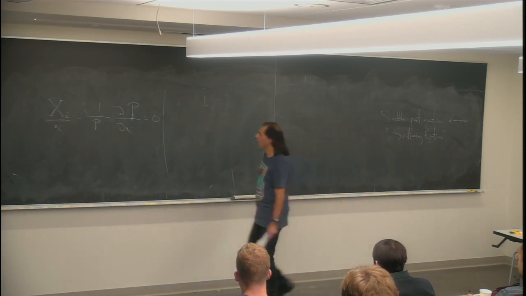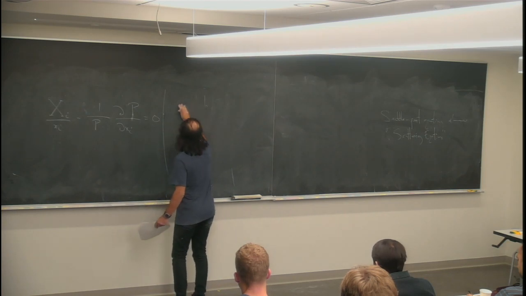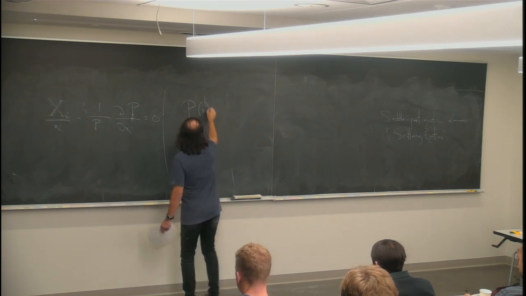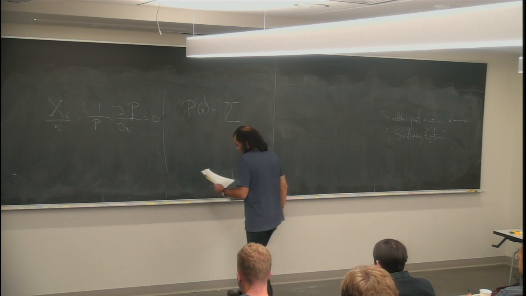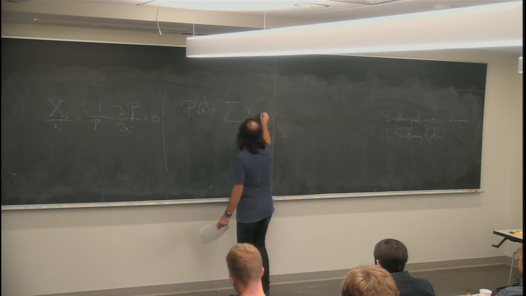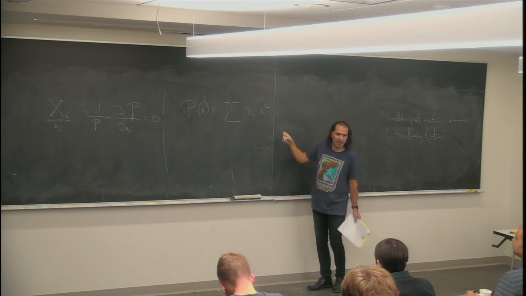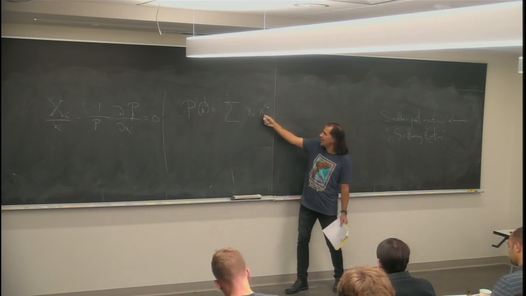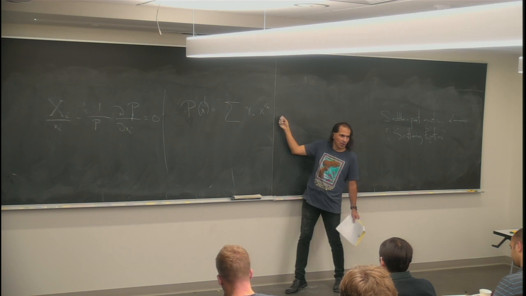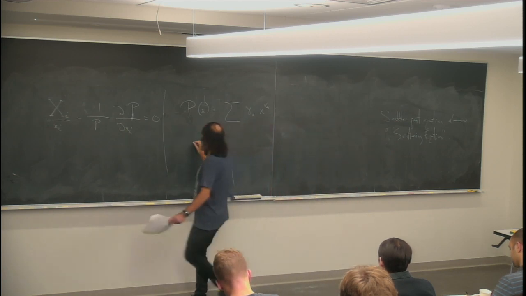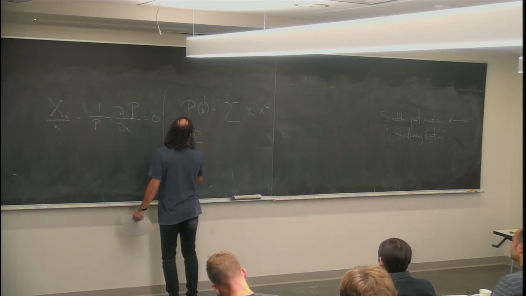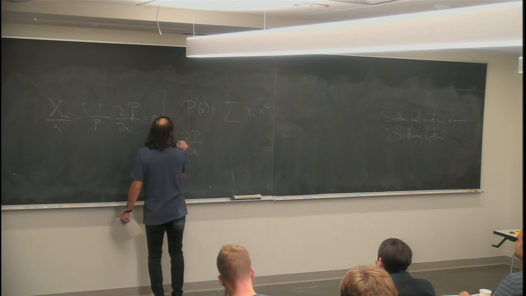Let's just regroup. Let's say that the p of x is this polynomial. I'll write it as the sum of gamma a x to the ba. Again, this is a polynomial in many variables, but I'm writing it in terms of this order. This is x1 to the ba1, x2 to the ba2, and so on. Okay? So what is dp by dxi times xi?